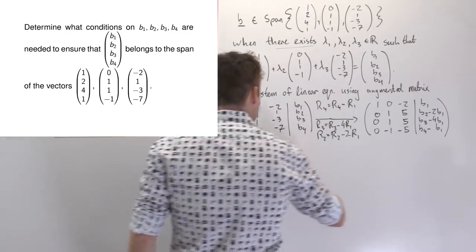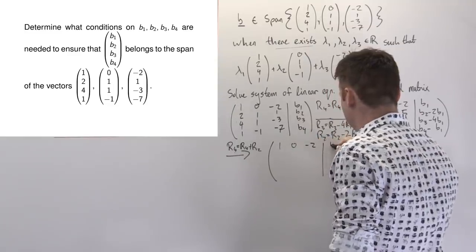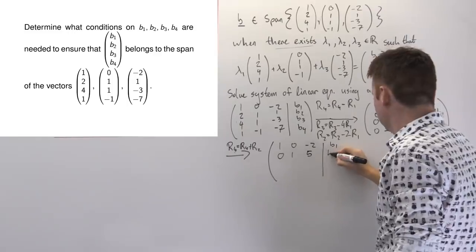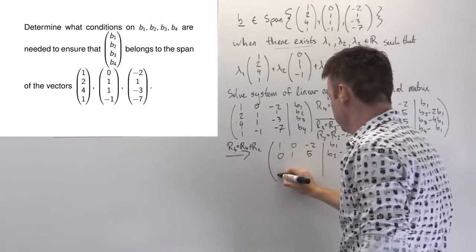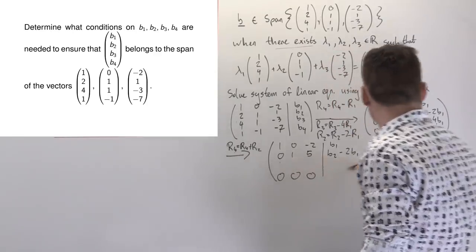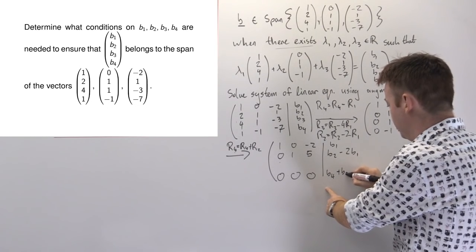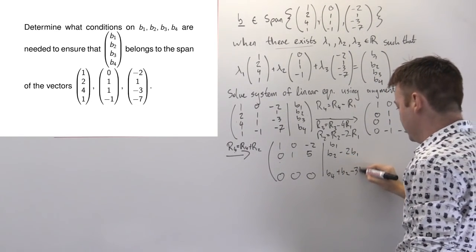And minus plus b2, and I've got negative b1, and I take away another 2b1, that's 3b1.